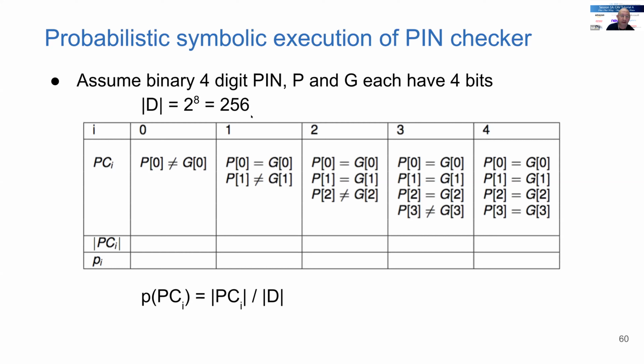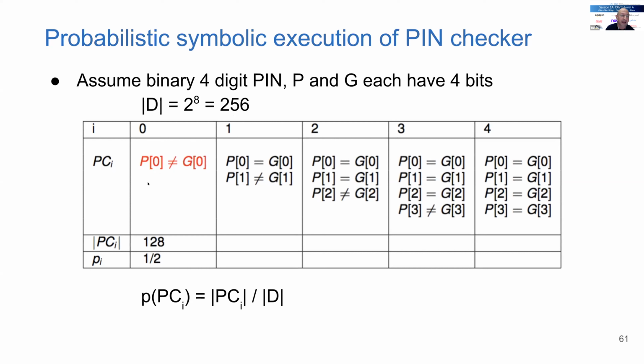I have 256 values, so this is going to eliminate half of the cases. If I count the number of solutions, I'll get 128. So among these 256 values, in 128 of them the first bits of the pin and the guess don't match, right? And what's the probability? If the pin and the guess are uniformly distributed, then the probability is 0.5.